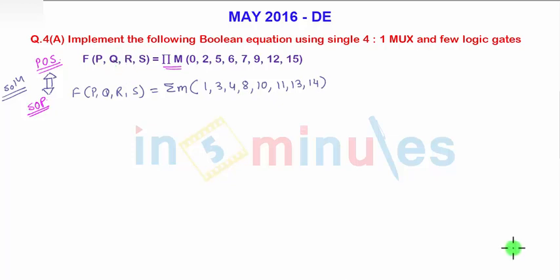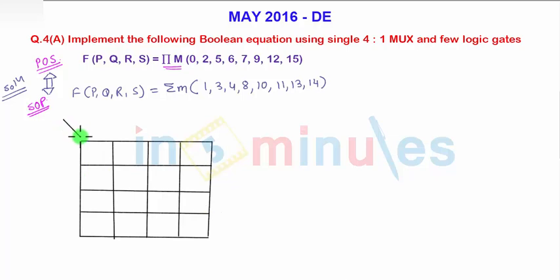Now to solve this equation we will require the help of a K-map. So we will draw a 4 variable K-map here. For this 4 variable K-map, P and Q are the upper variables, where P is indicated as the MSB part here, and S as the LSB part, and the positions are 00, 01, 11, 10.